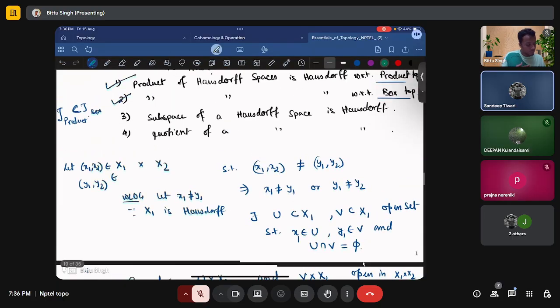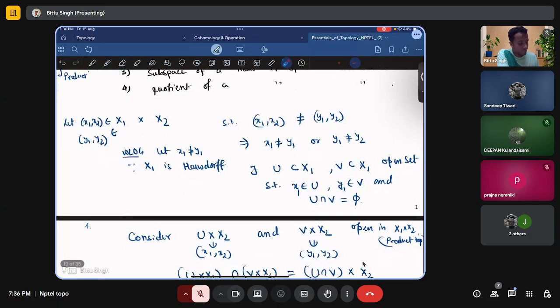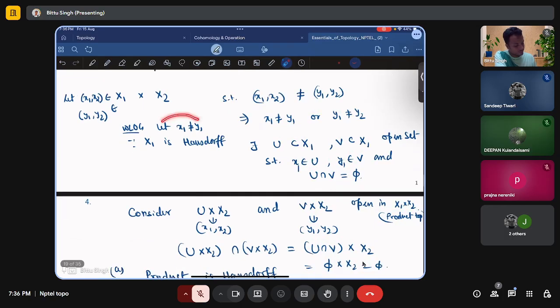Yes, the same proof goes for arbitrary products. There will be some index for which xi is not equal to yi, and we consider that index.